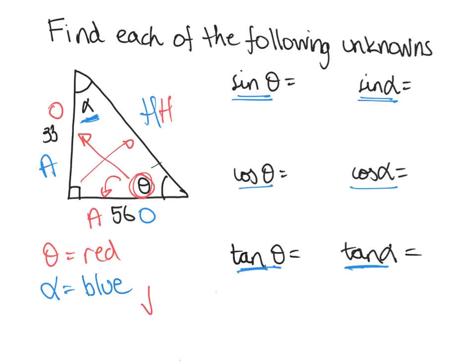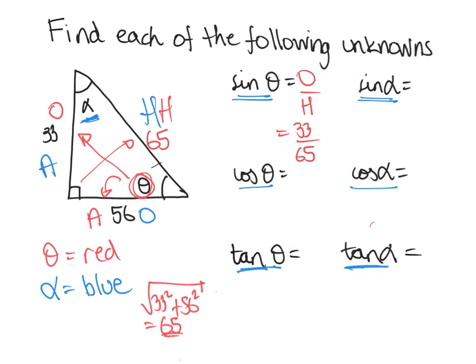If you work it out, you can say that it'll be 33 squared plus 56 squared, which is equal to 65 squared, I believe. So the hypotenuse is 65. Now sine of theta will be the opposite divided by the hypotenuse.